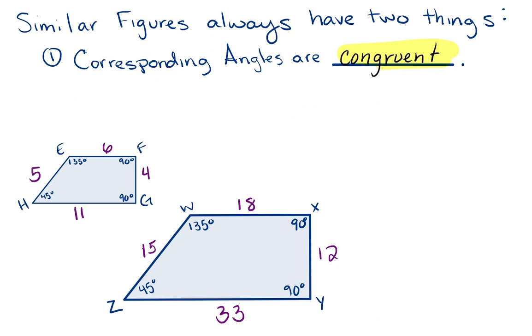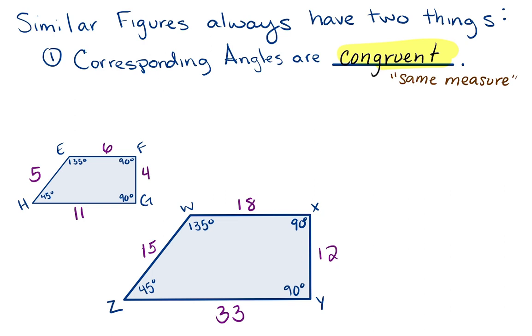If we recall from our geometry vocab, congruent means same measure. So corresponding angles have the same measure. If, for example, I have a figure with four corners, represented by angle measures, I need to be able to match all four of those corners with a corner in the other shape that has the same measure.